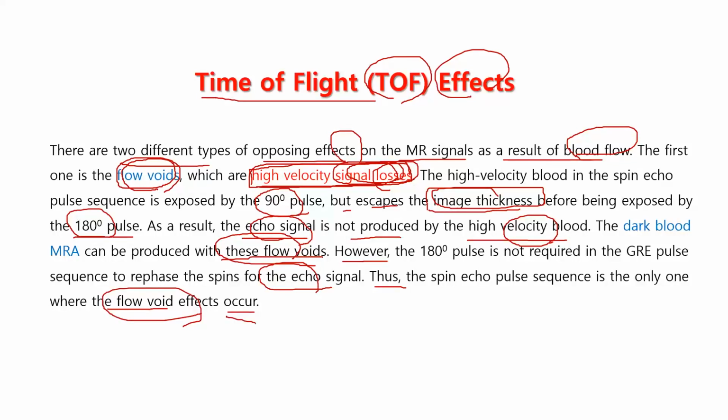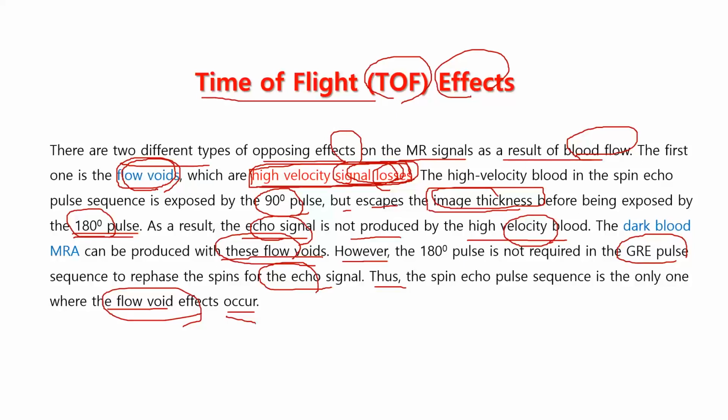So in the GRE pulse sequence, this high velocity signal loss does not occur, because in the GRE pulse sequence we don't use a 180-degree pulse to rephase the spins.